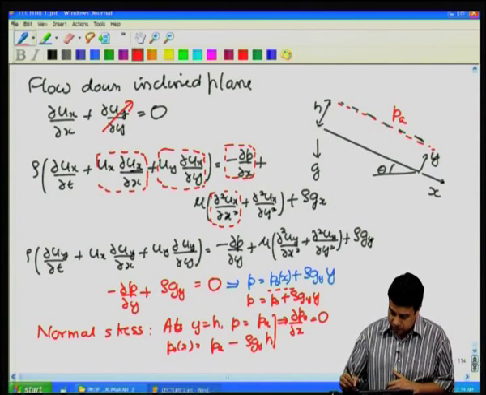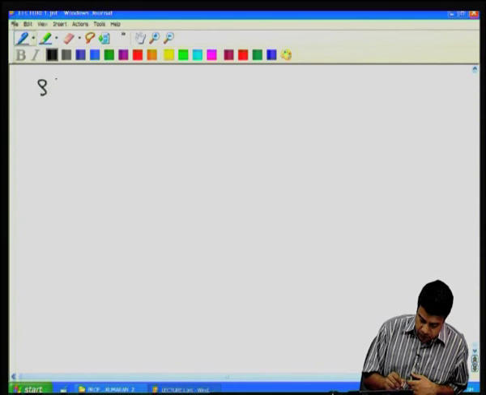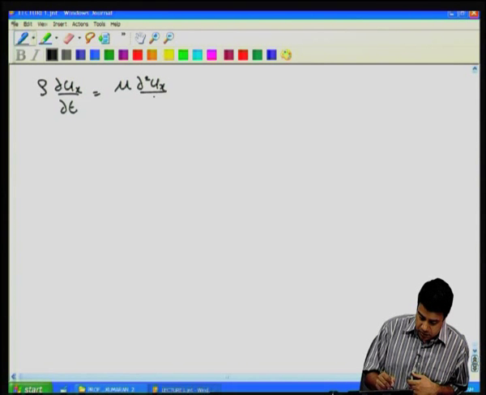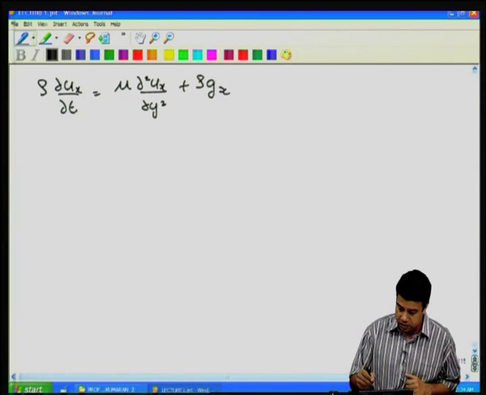So, finally, I will end up solving the equation rho partial u x by partial t is equal to mu times partial square u x by partial y square plus rho times g x. So, this is for a fully developed unidirectional flow down an inclined plane.